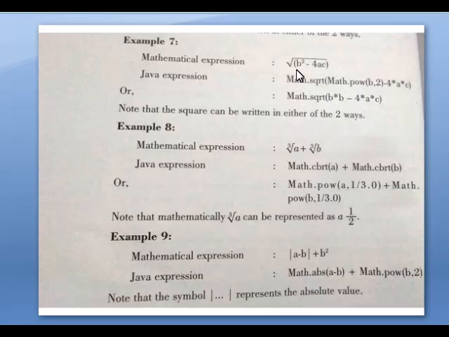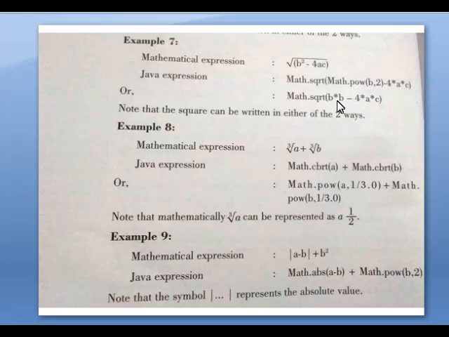Otherwise you can write Math.sqrt of b into b, because the power is small, so there is no need to use the Math.pow function. If it is a big number we can use it; otherwise for 3 powers or 4 powers you can use the same approach, writing b into b minus 4 into a into c.